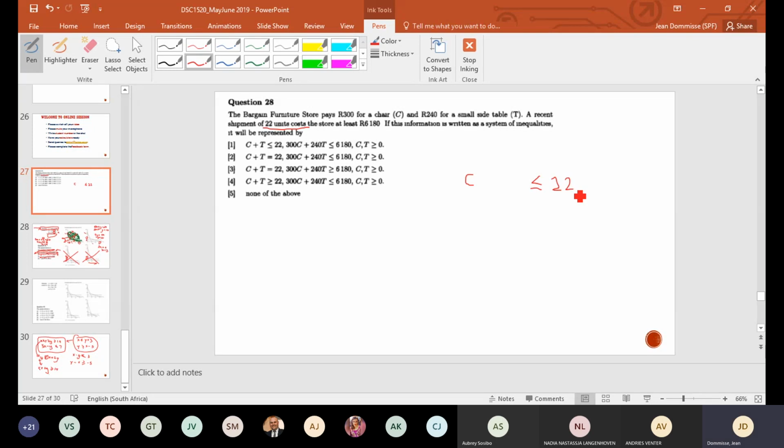So basically this is a very simple one to get to, and I was wondering why we don't need to even create a grid. So basically 22 units, so we know that C plus T will be smaller or equal to 22 because a recent shipment of 22.